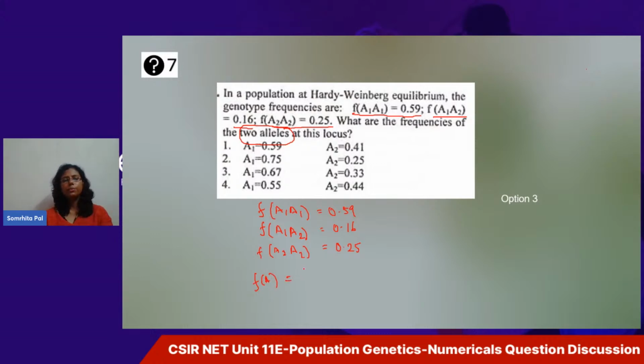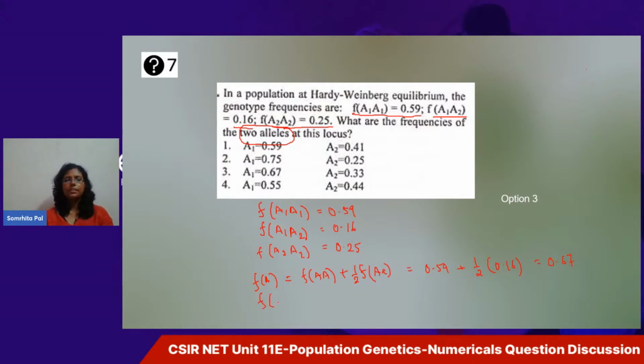So what I will do is frequency of capital A plus half of the frequency of the heterozygous. In that case, I will get 0.59 plus half of 0.16. If you solve this, you will come to the answer 0.67.